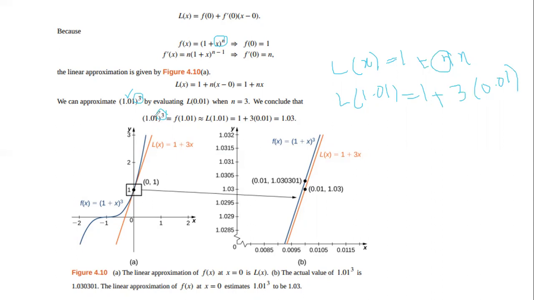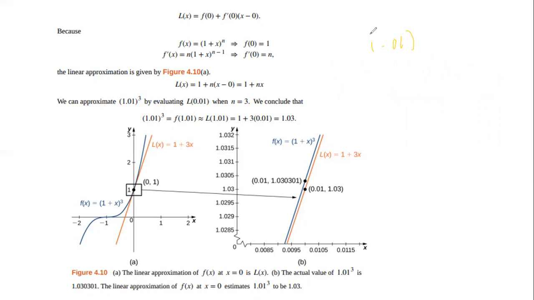One thing to remember, when I have to make 1.01 whole cube, the evaluation will be 1.01 minus 1. So the answer is 0.01. Okay, so I have to linear approximate with this value 0.01.